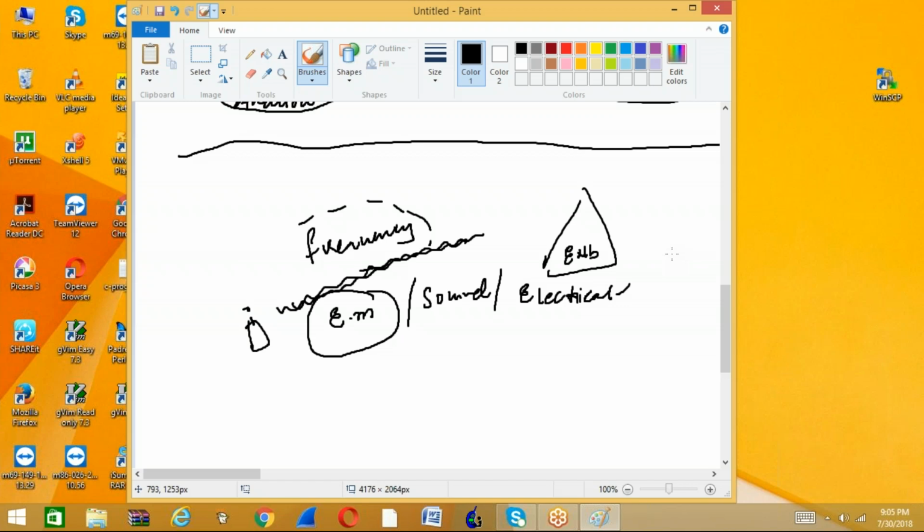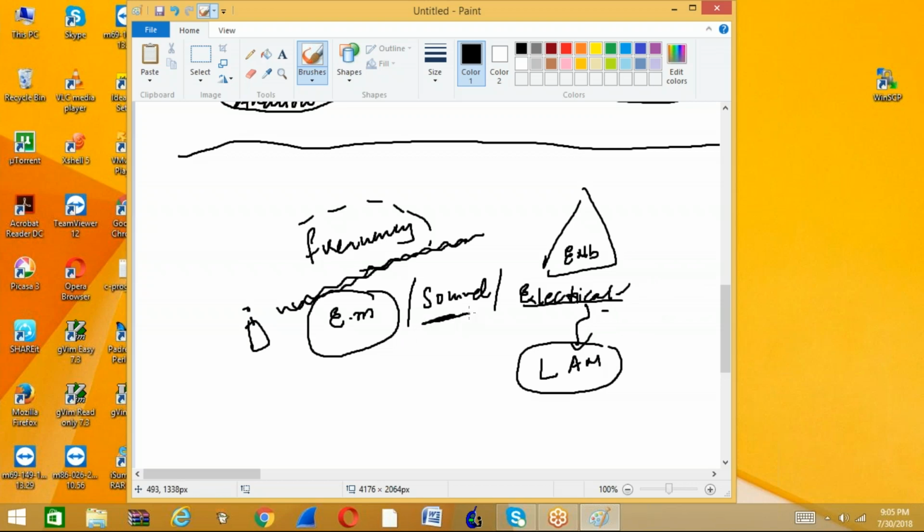You can communicate using sound, or using electrical signals, or using electromagnetic signals. Electrical signals generally use a LAN cable to communicate, right? Even optical fiber uses EM signals only, but I don't want to go into that.